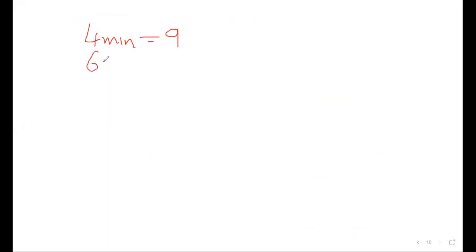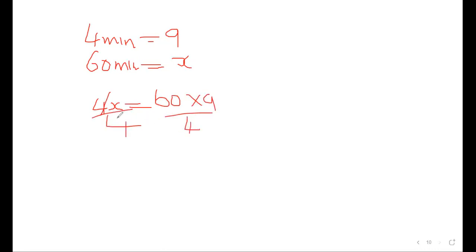In 60 minutes, we are going to say x. As we cross multiply here, 4x is equal to 60 times 9. Then after finding this, we can use the formulas to calculate whatever we need. So it's 135 customers per hour.